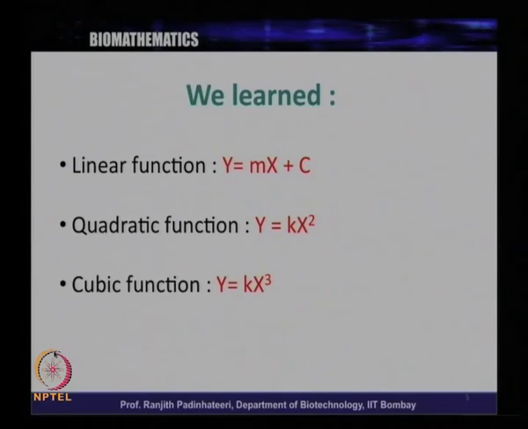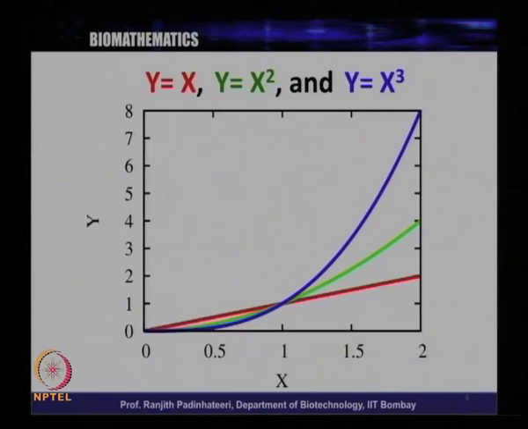We also saw cubic functions, y is equal to some constant k times x cube. So, these are the three functions in general: y is equal to m x plus c, y is equal to k x square, and y is equal to k x cube. And we saw how we plot them in the next slide.